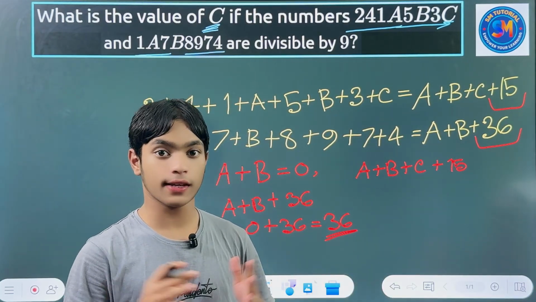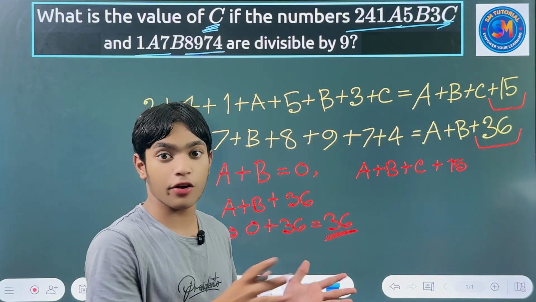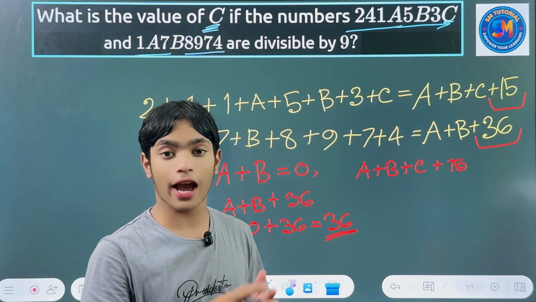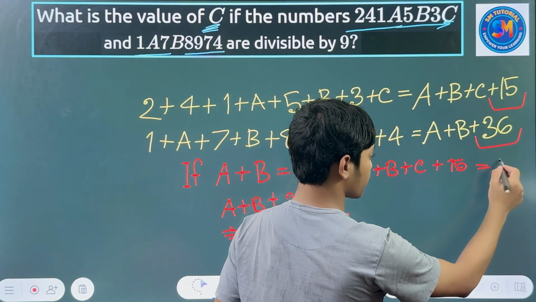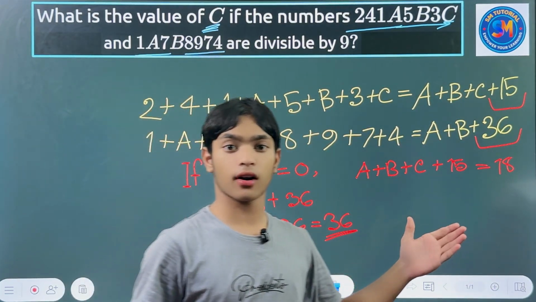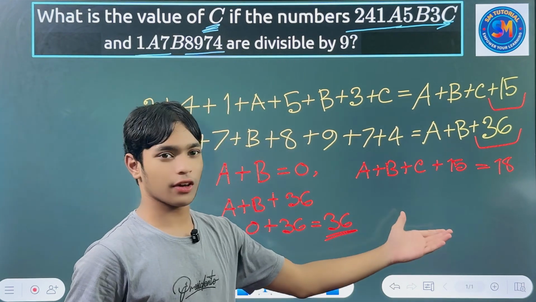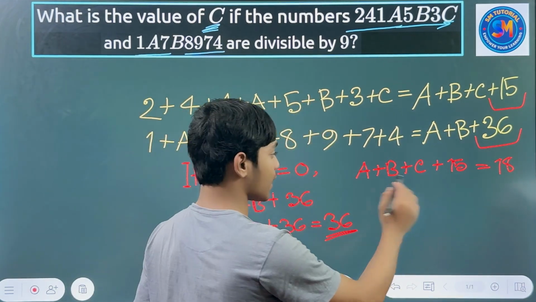That is 18, because the previous number is 9 and it is very far away from 15. So you have to take 18 here, because 18 is the nearest number to 15 which is divisible by 9.